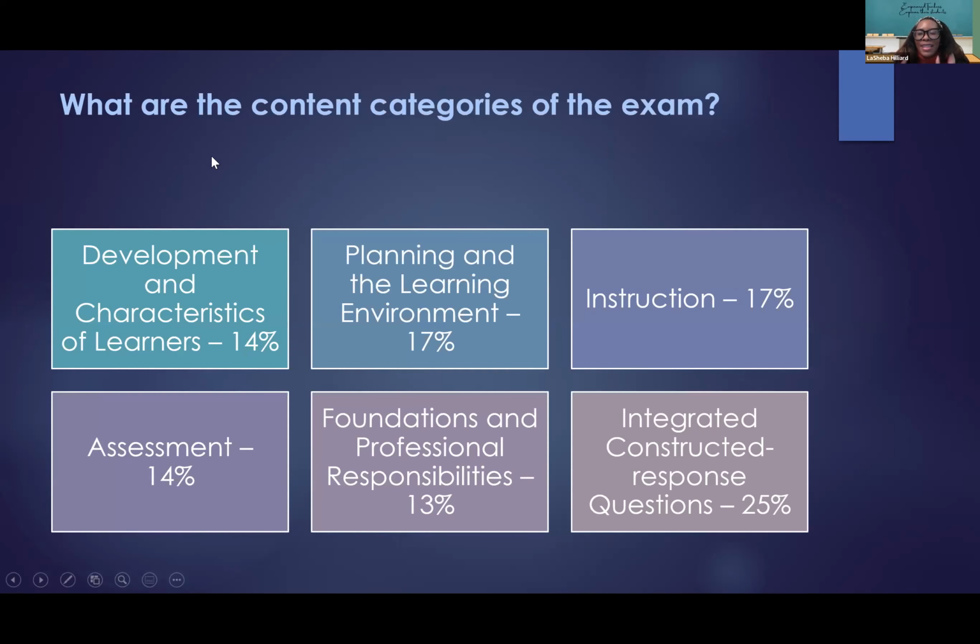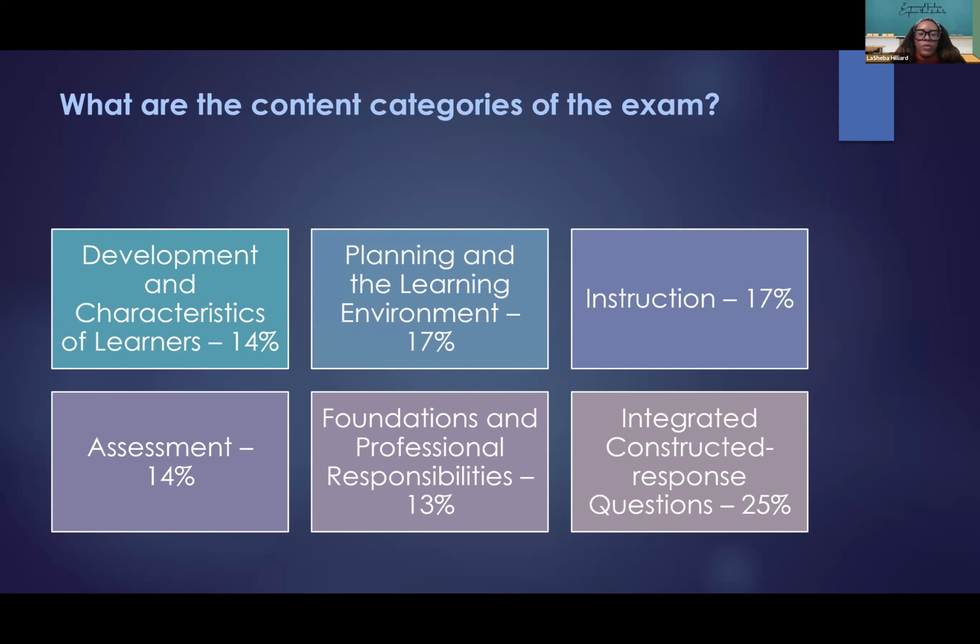All right, the content of the exam. I'm pretty sure those who have already taken it have seen this countless times. On the Praxis exam, you have development and characteristics of learning, planning, the learning environment, instruction, assessment, foundations, professionalism, responsibility, and the constructed responses.